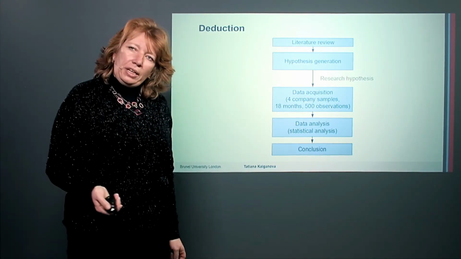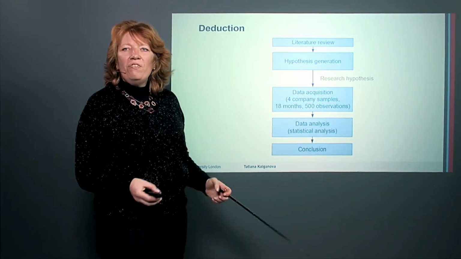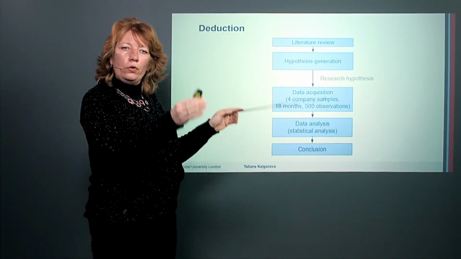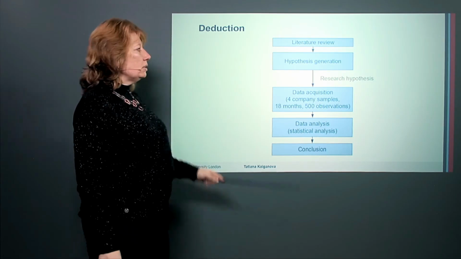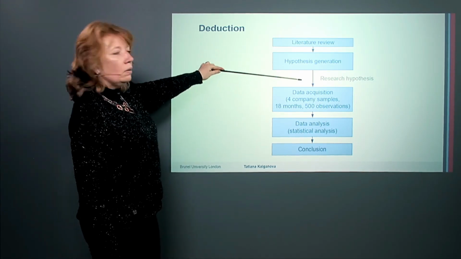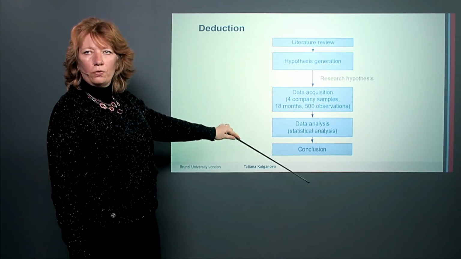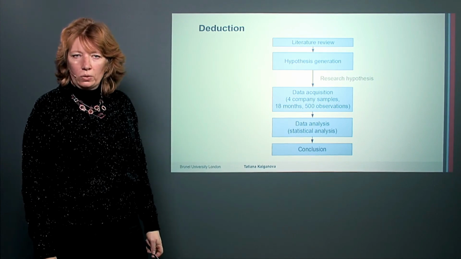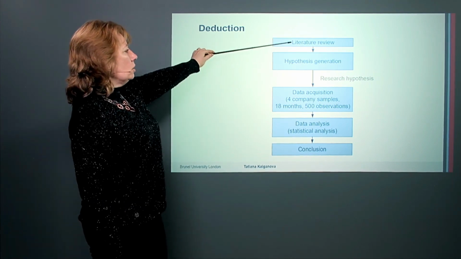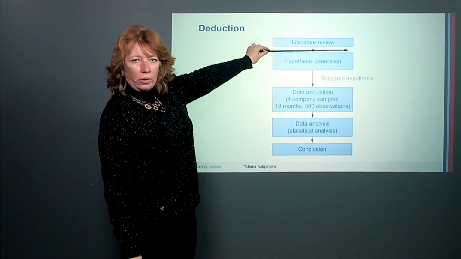Looking at this particular case, have you seen that from a very general flow of induction and deduction, we started to look at a more crystallized process of visualization of our research process, where the literature review will formulate our research question.